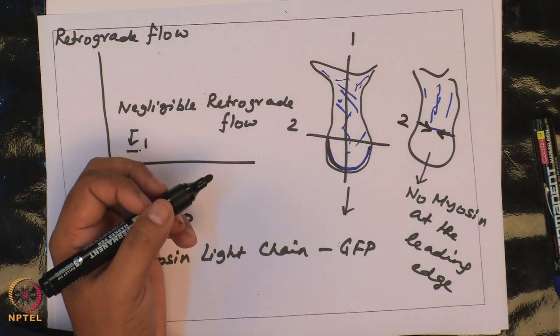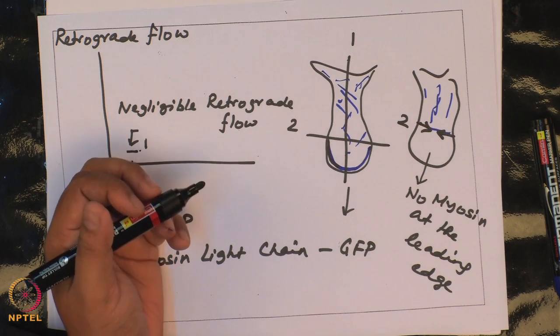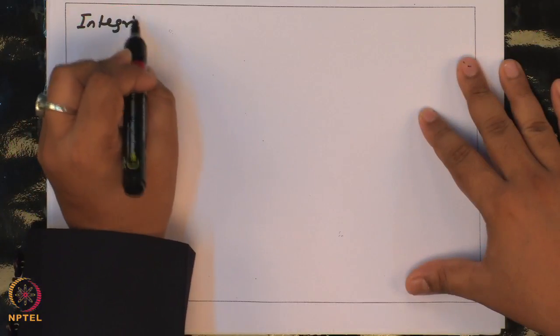So, they then asked, are integrin additions required for this kind of migration? What they found was integrins were present.